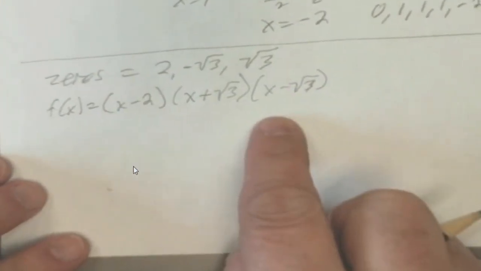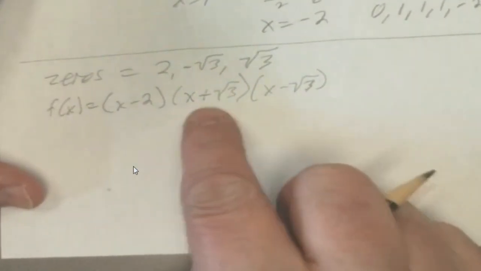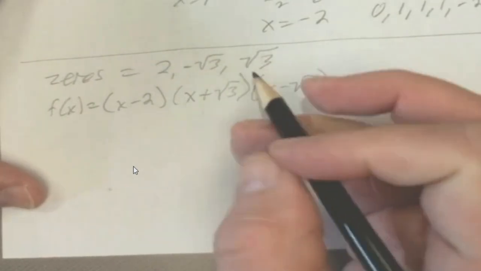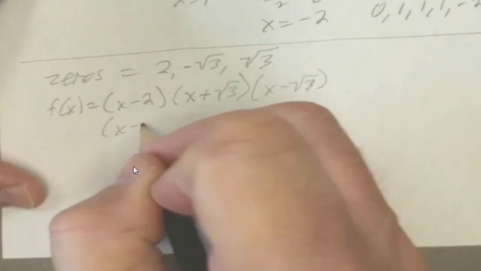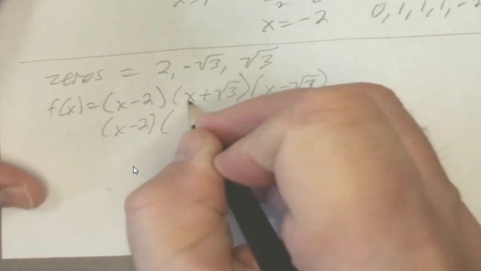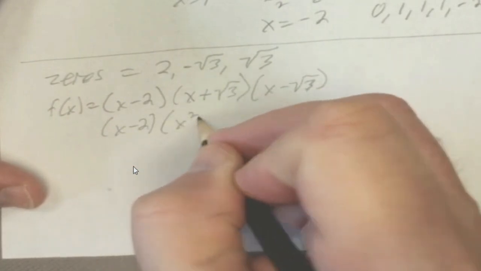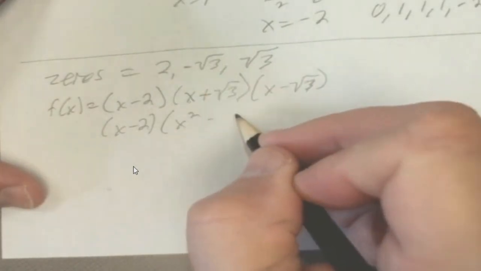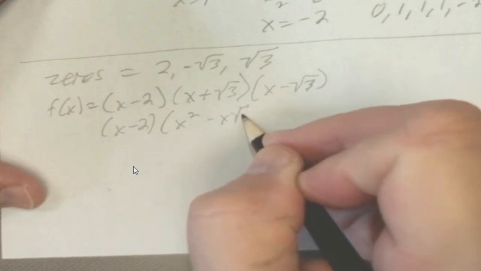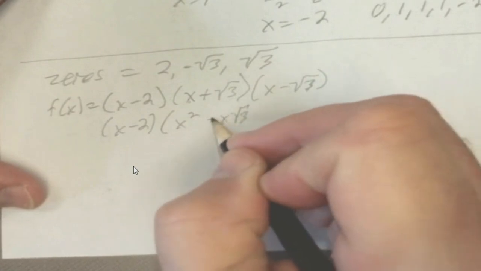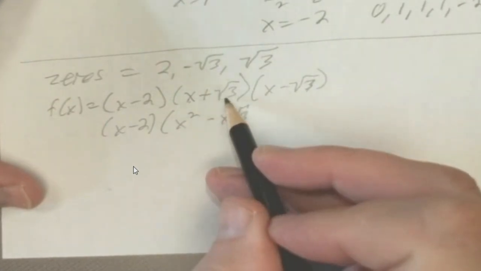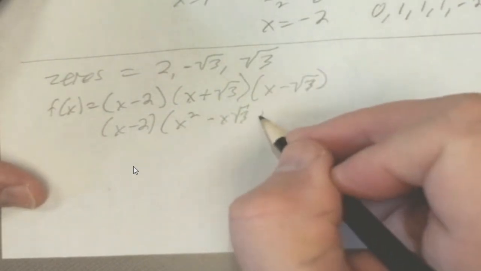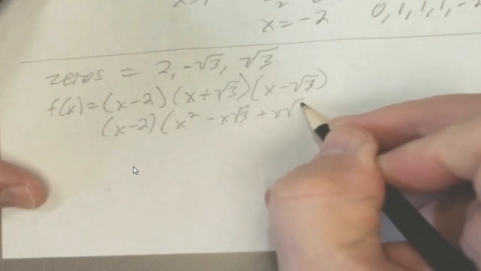Let's figure out what this equation is. Let's multiply these together first. X times x. So this will be out front. We haven't multiplied by that yet. X times x is x squared. X times negative square root of 3 is negative x square roots of 3. Now let's distribute this. Square root of 3 times x is plus x square roots of 3.